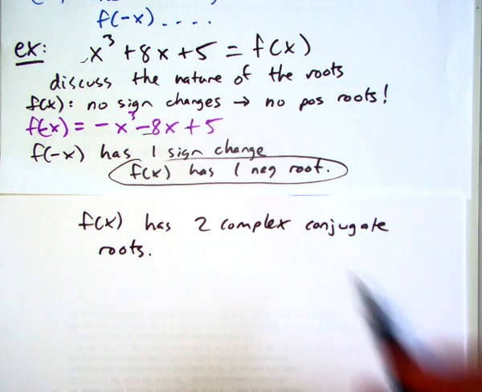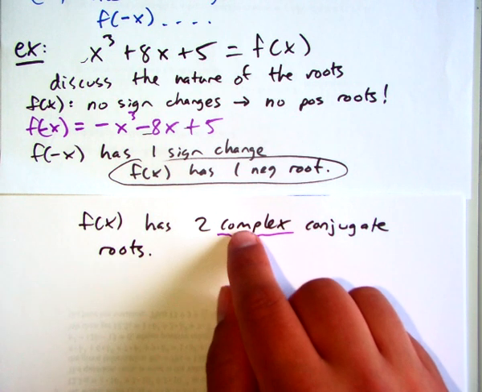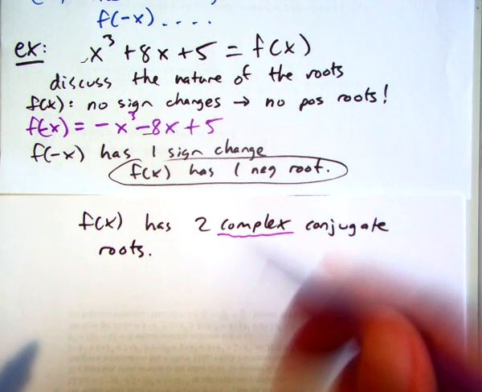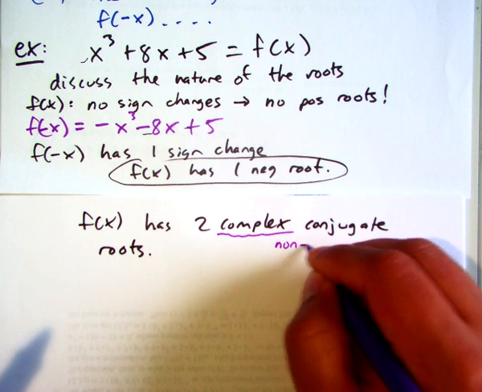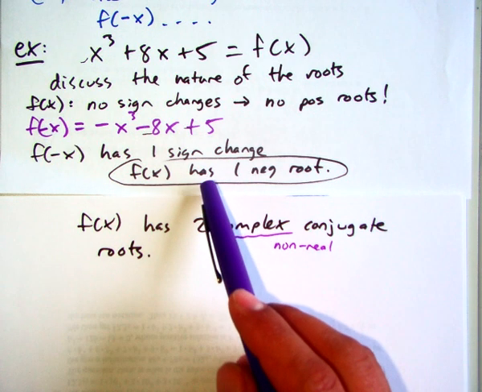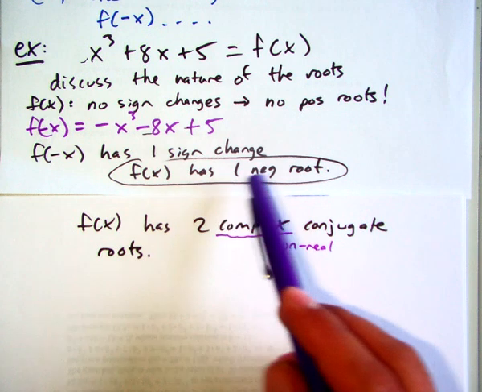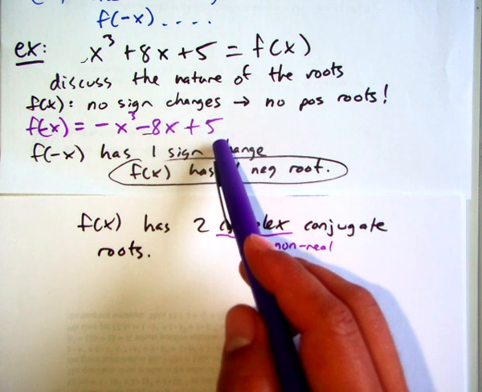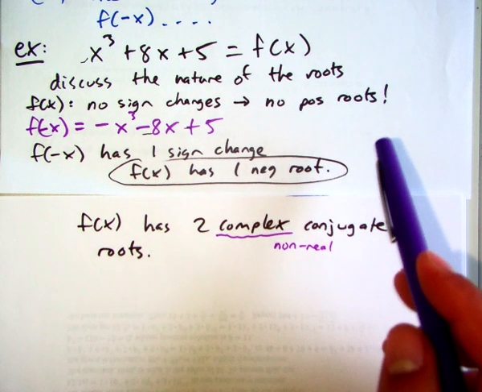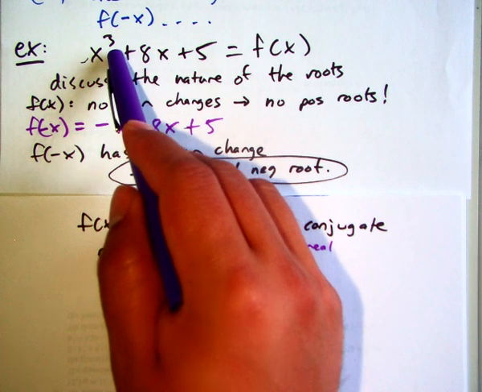Okay, and we're going to be kind of loose with this. Complex is actually going to refer to non-real numbers. Obviously, these are going to have to be imaginary in this scenario, okay? Because if all we have is one negative root, 0 does not work, and there's no positive roots, there's got to be 2 imaginary answers to give us a total of 3, okay?